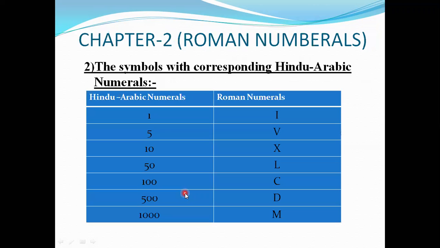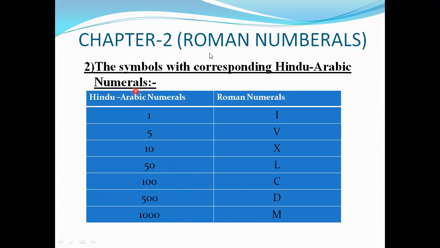Here are some basic symbols related to the Hindu Arabic numerals. 1 is related to I, and 5 is related to V. 10 is related to X, 50 is represented as L, 100 as C, 500 as D, and 1000 as M.